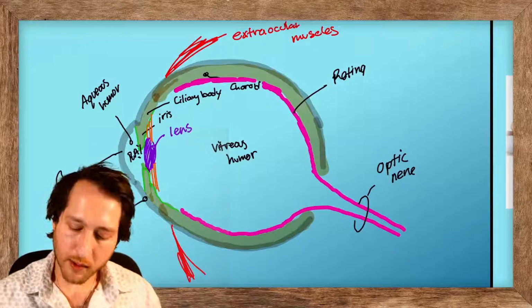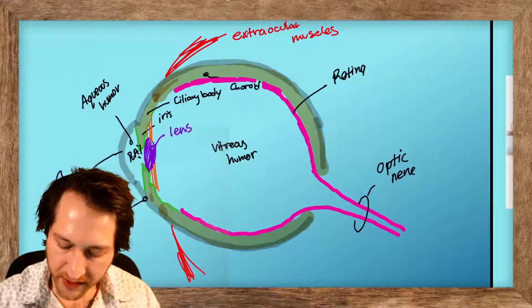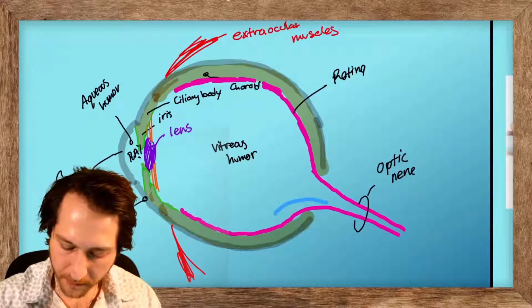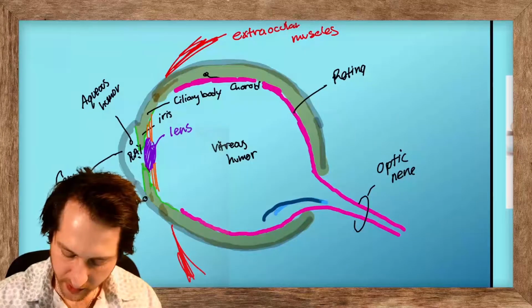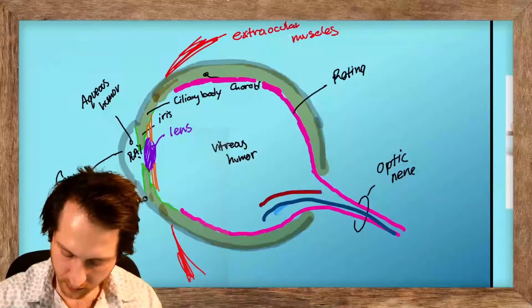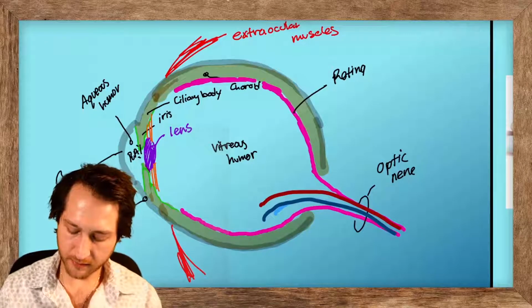and then remember we said that there were those central retinal arteries and veins that are going to be exiting and entering via that optic disc area. So we can go ahead and draw those and label those the central artery and veins.